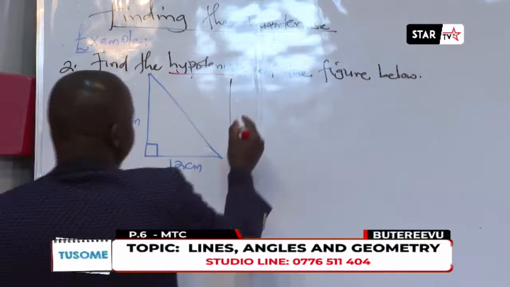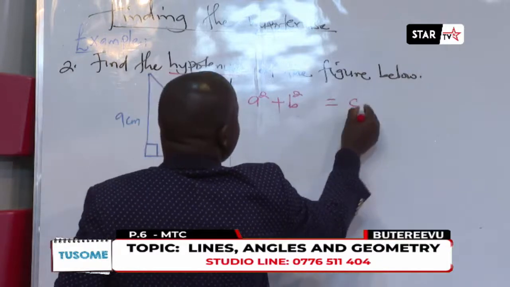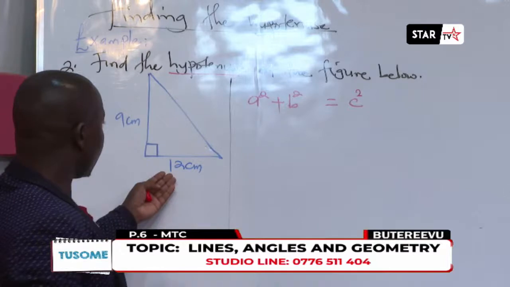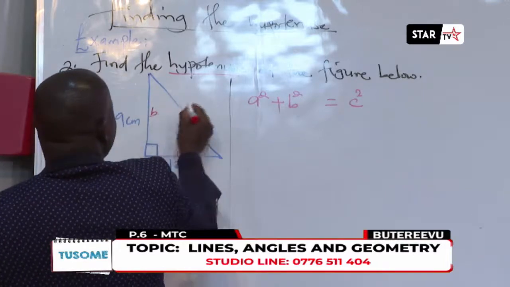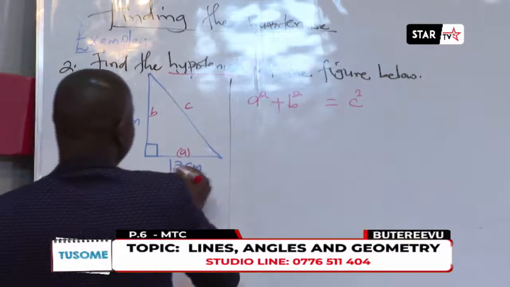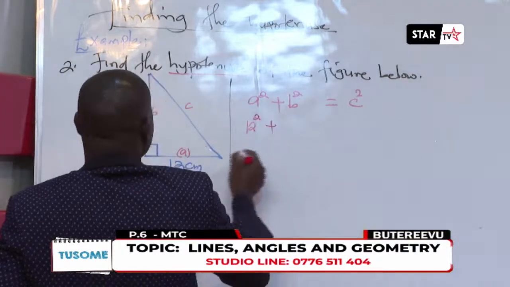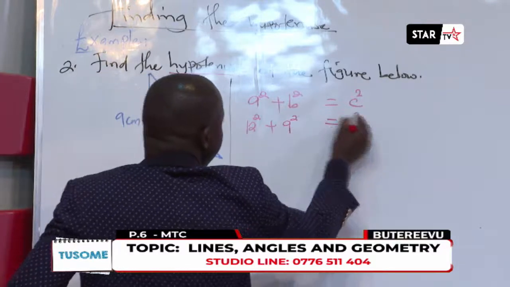From a squared plus b squared gives us c squared. We shall look at this a, b, and lastly c, implying that we shall have 12 squared plus 9 squared gives us c squared.